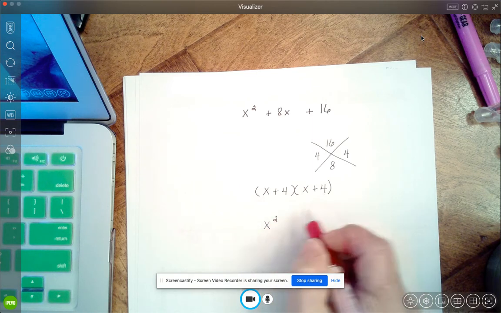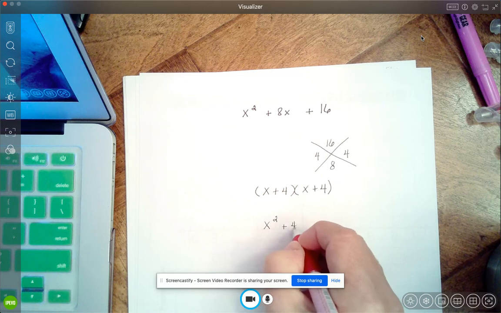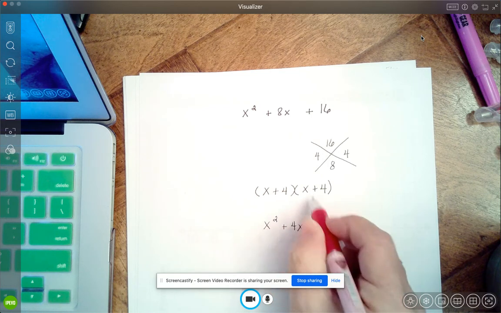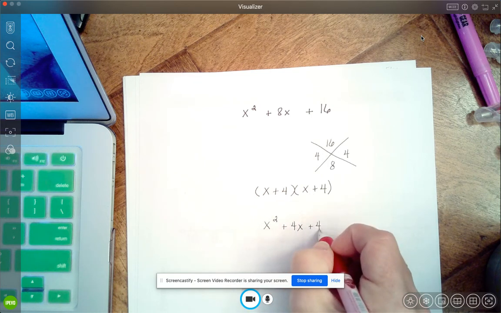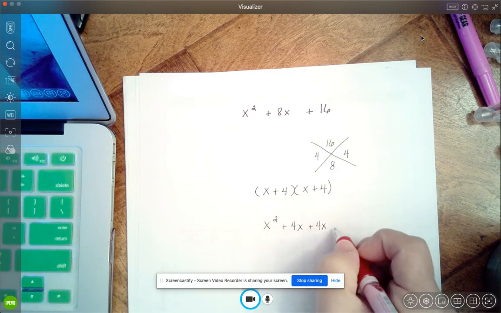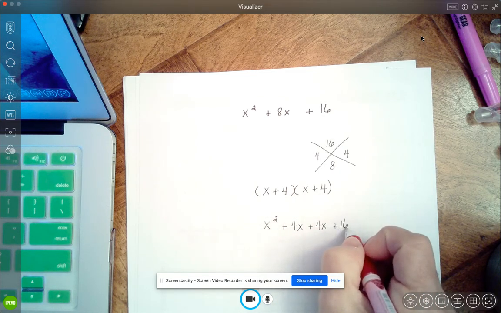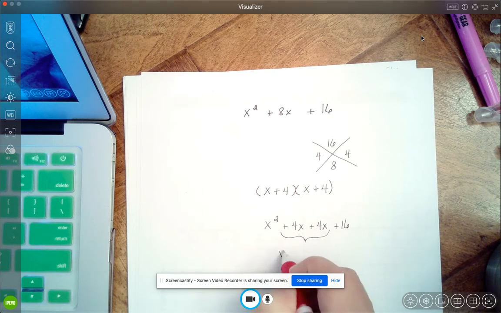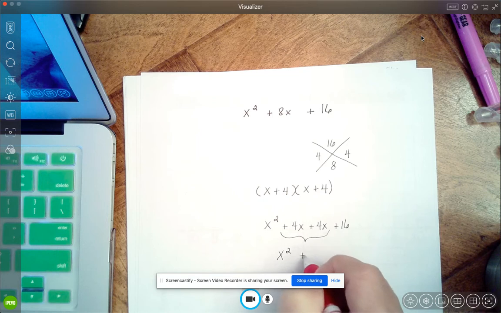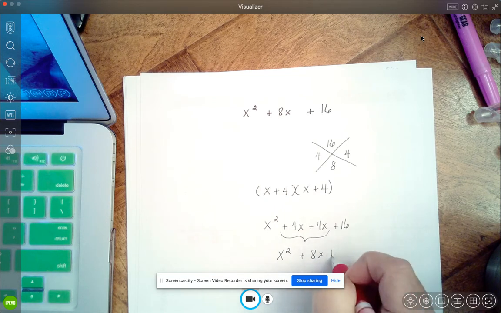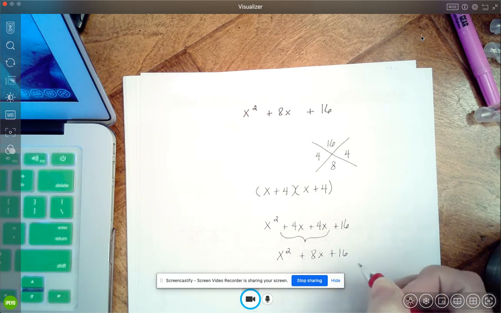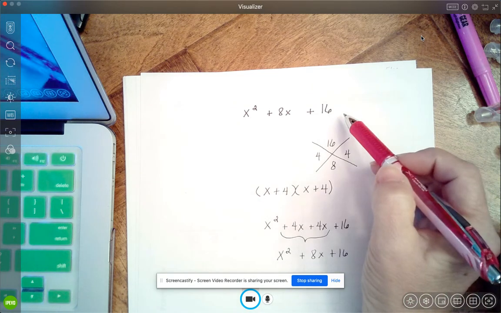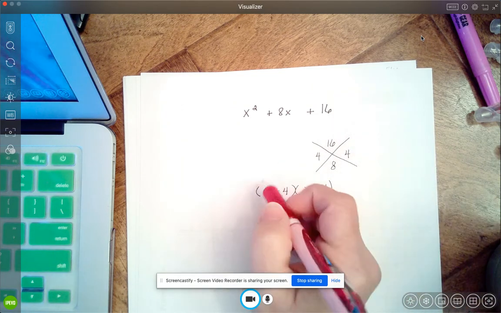X times 4 is positive 4x. 4 times x is a positive 4x. 4 times 4 is 16. When I combine my like terms, I have x squared plus 8x plus 16. I have the same thing here as I did up here in my original trinomial.